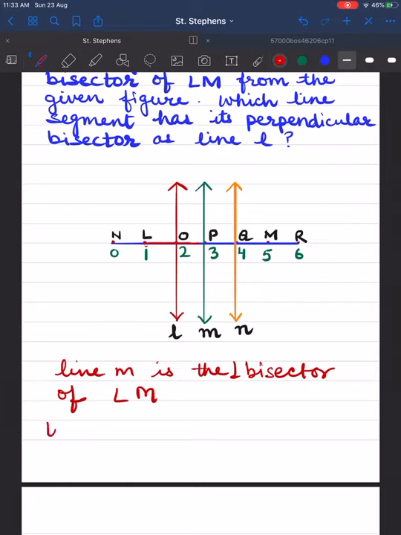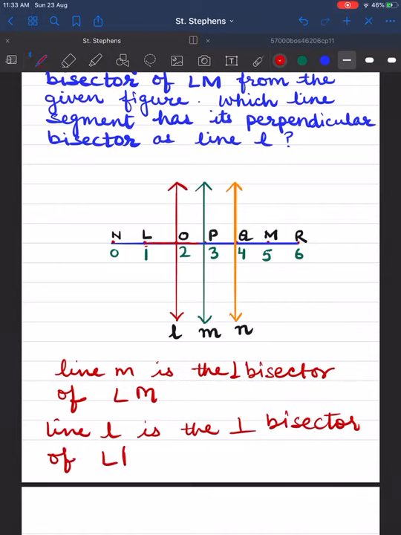So here line L is the perpendicular bisector of line segment LP. And we also observe that O is the midpoint of line segment NQ also. So line L is the perpendicular bisector of line segment NQ also.